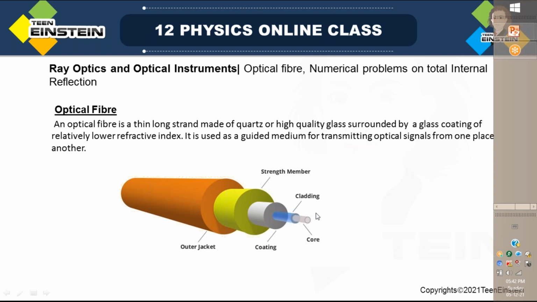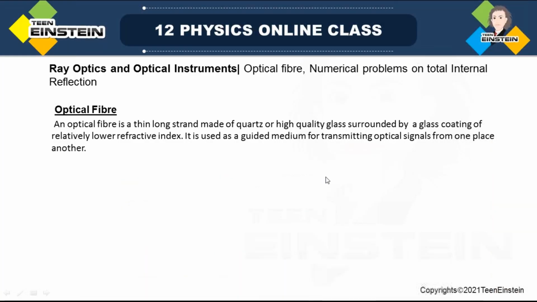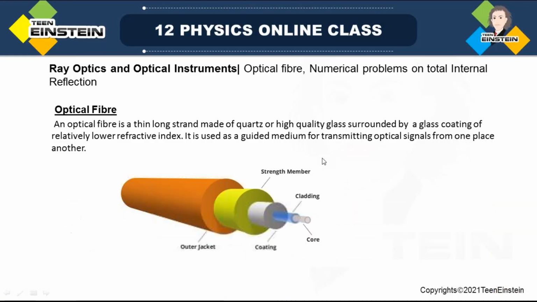So see, optical fibers actually have many layers. As I said, it is made up of high quality glass or quartz, and it is coated by glass.